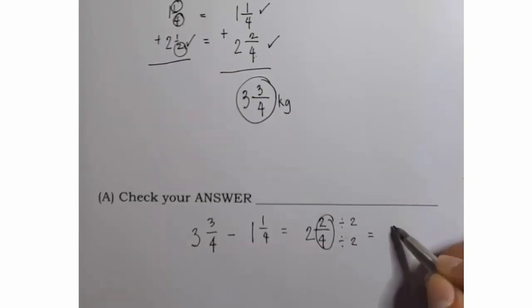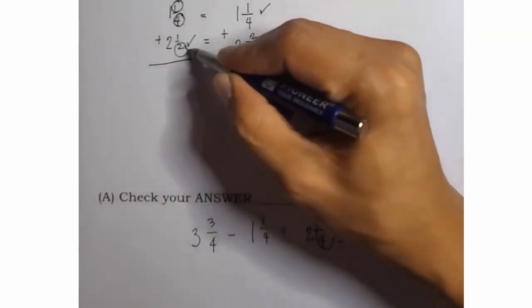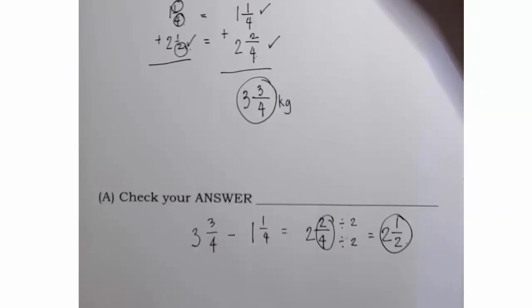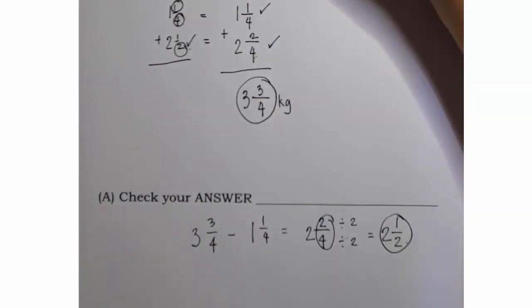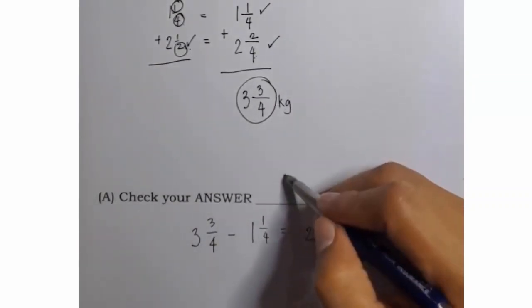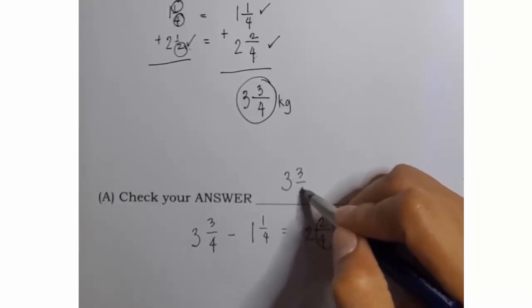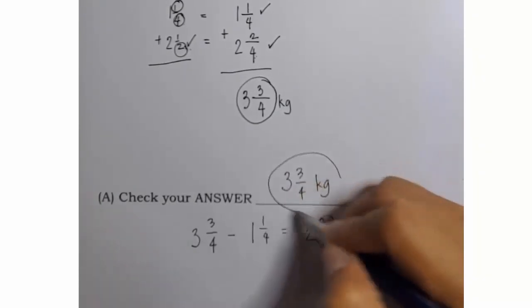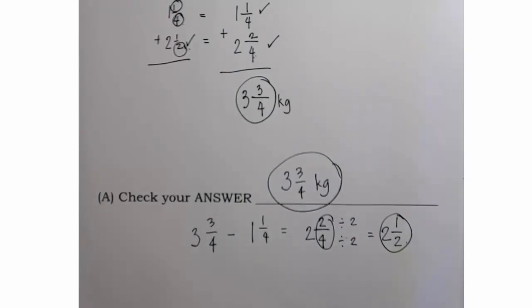So therefore, the correct answer is, that's 1 and that's 2. Then copy 2, 2 and 1/2. That's 2 and 1/2. The meat of chicken is 2 and 1/2. Therefore, our answer is correct, 3 and 3/4 kilograms of meat in her refrigerator.